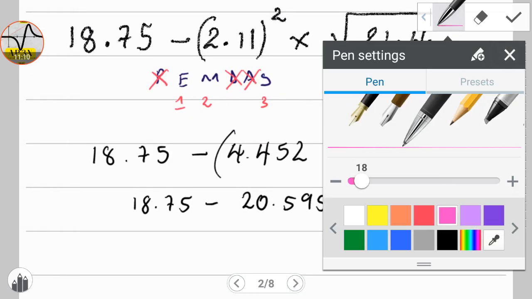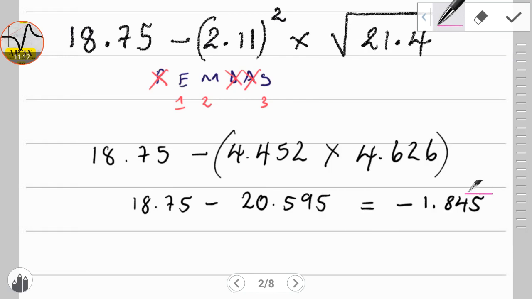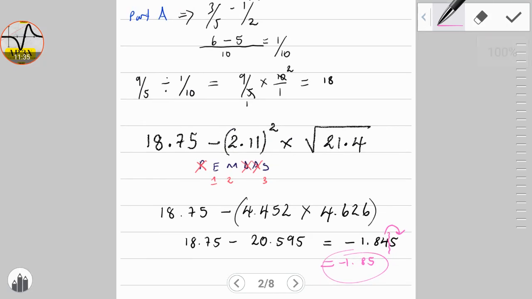So for this, we're going to be drawing a vertical line in between the 4 and the 5 here. Check, this number is actually greater than or equal to 5. Well, it's equal to 5. So our rounded answer is going to be negative 1.85. We just add 1 to the number before, and that gives us our approximate answer that we're looking for. All right, so nice question there.